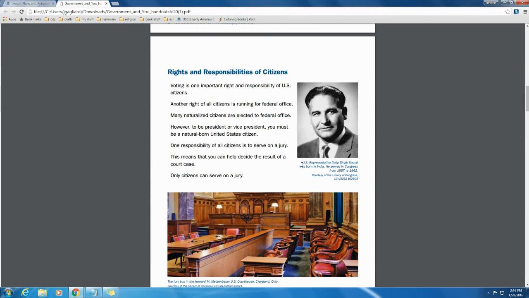One of the most interesting things from our students, because we have a large Asian and particularly Indian population, is that one of the first Asian representatives in the U.S. government was a gentleman, Mr. Dalip Singh Saund, who was born in India and served as a congressman between 1957 and 1962.